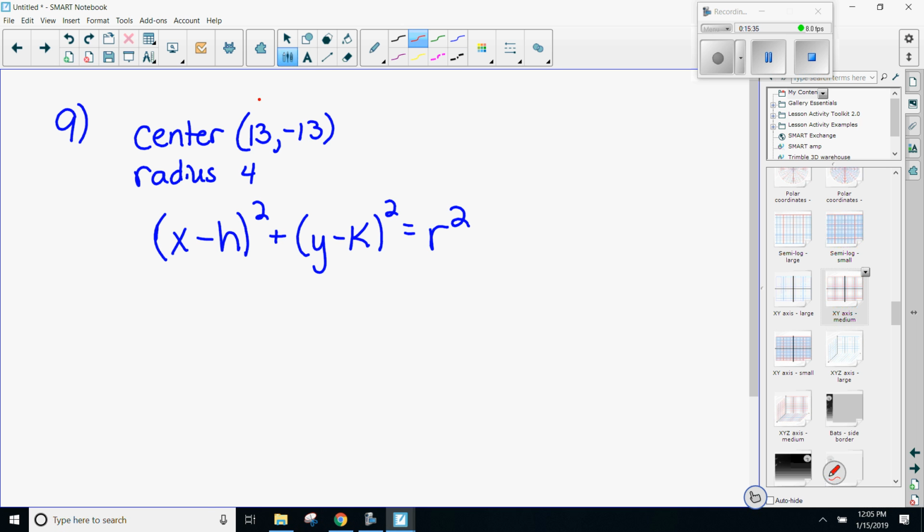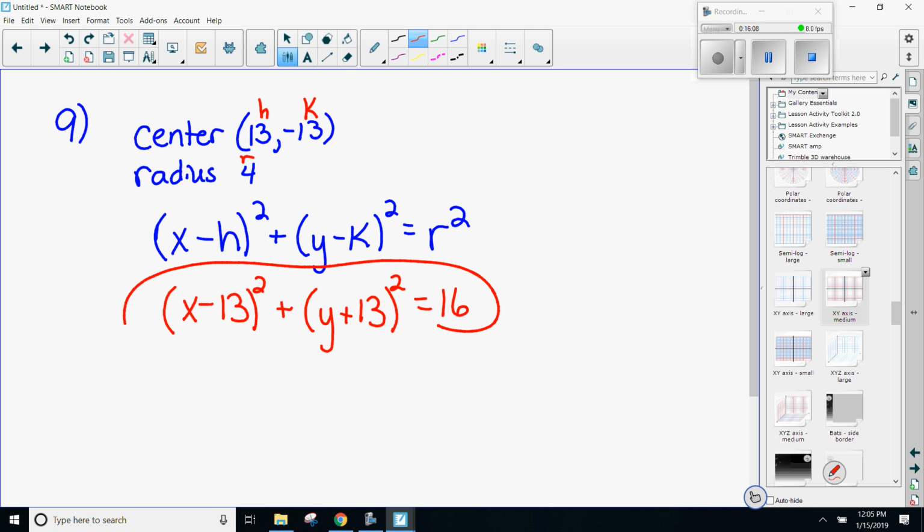So I look up and I know that 13 is h, negative 13 is k, and r is 4. So we put it into the equation. It's going to be x minus 13 squared plus y minus what value? Minus negative 13, which turns it into plus 13 squared equals what value? 16. And there's your equation for your circle.